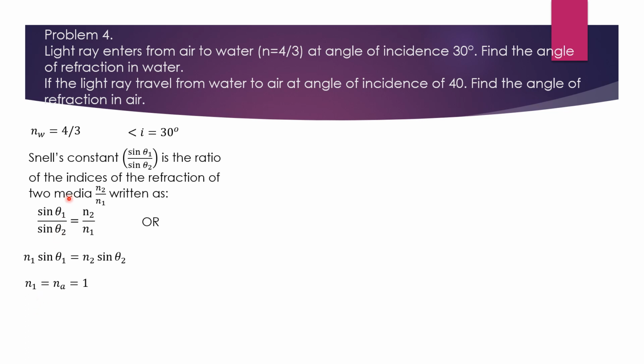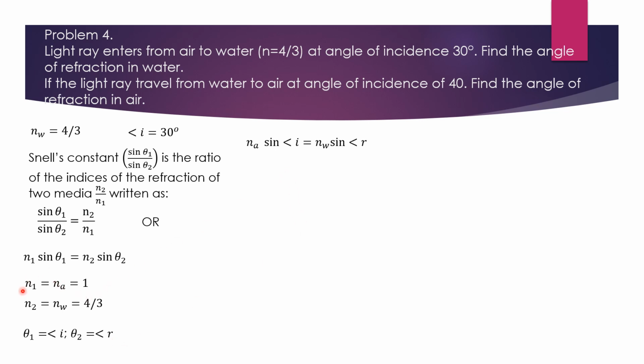Now here in this case, since air is the first medium and water is the second medium, n1 is equal to na, the refractive index of air, which is equal to 1. n2 is the refractive index of water, which is given as 4 by 3. Theta 1 is the angle of incidence and theta 2 is the angle of refraction.